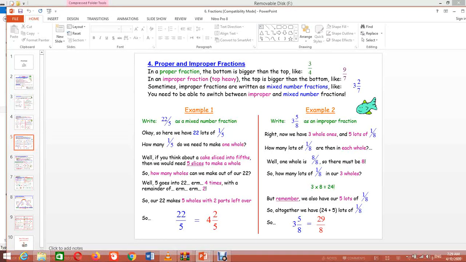Then we add 5 to the 24 to give us what? 29. So 3 whole number 5 over 8 is equal to 29 over 8.